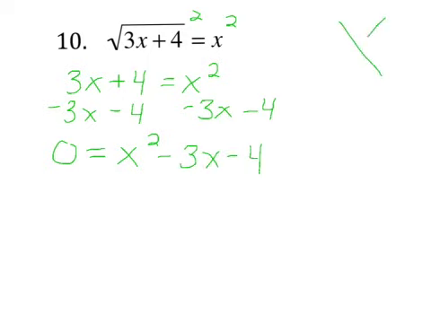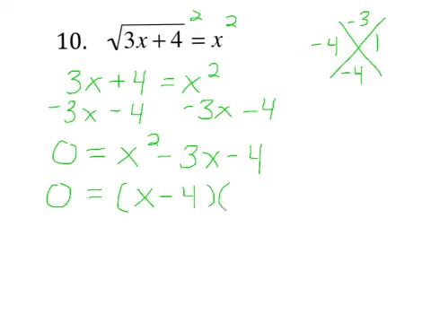So let's use the big X to help us factor. We need to find two numbers that add to -3 and multiply to -4. So that should be -4 and a positive 1. So this will factor into x minus 4, x plus 1.